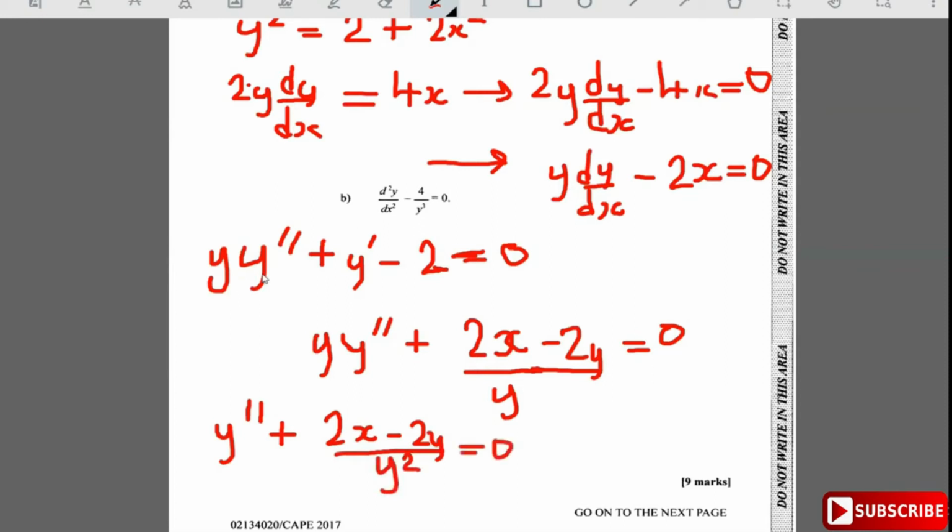Just to check that I differentiated this right: keep the first, differentiate the second, plus keep the second, differentiate the first. Oh, made a mistake. Big apologies. And when I differentiate this, I'm going to get dy by dx all squared.